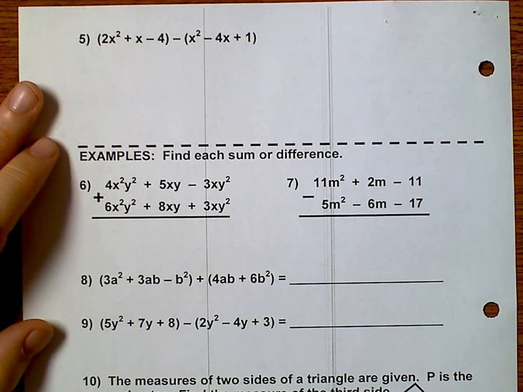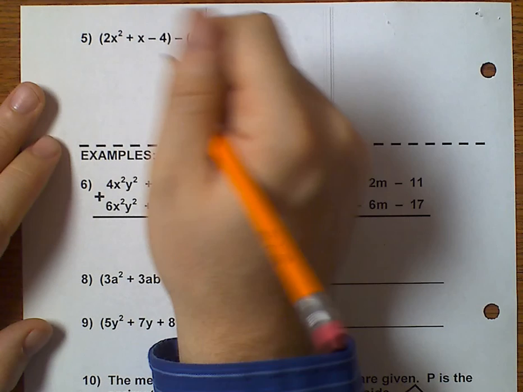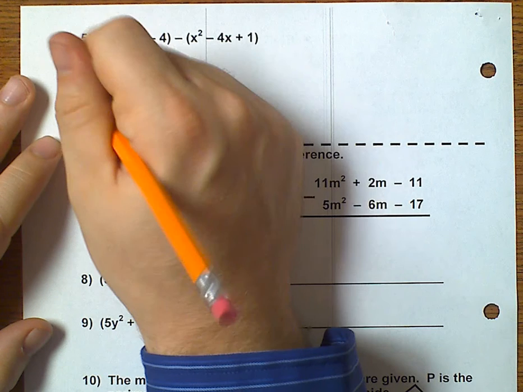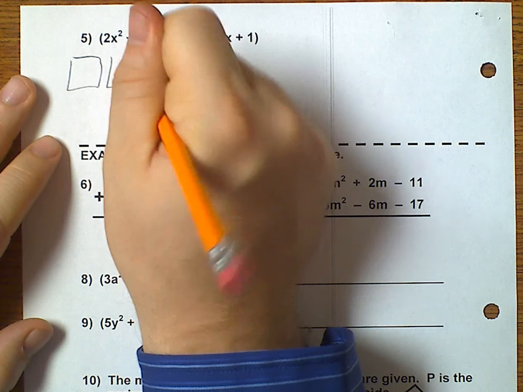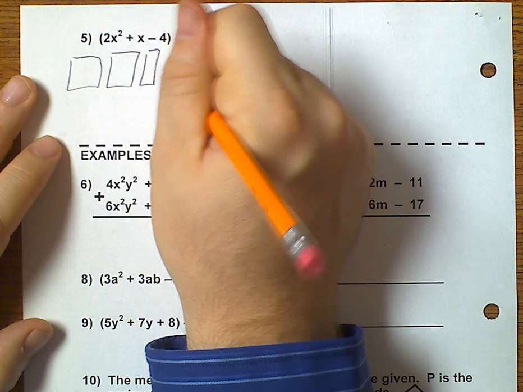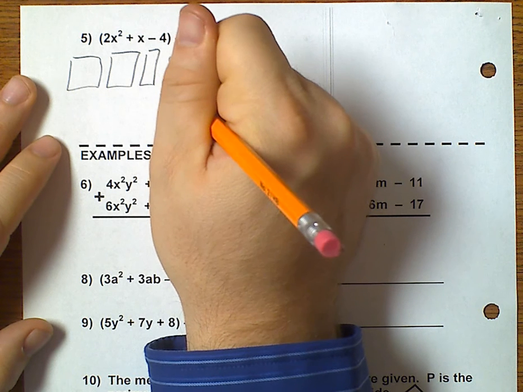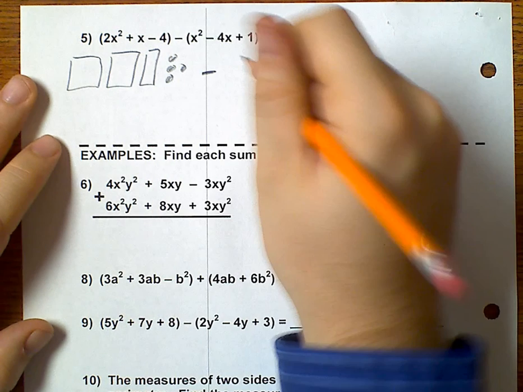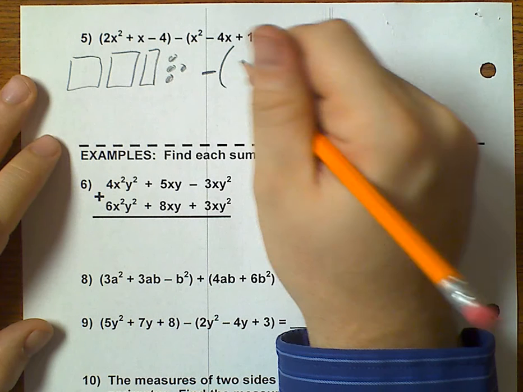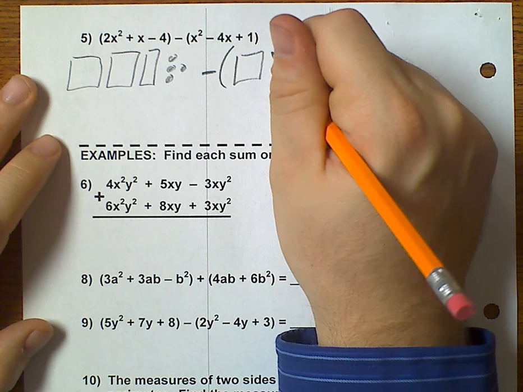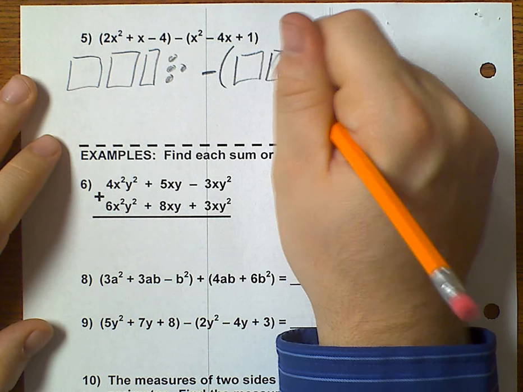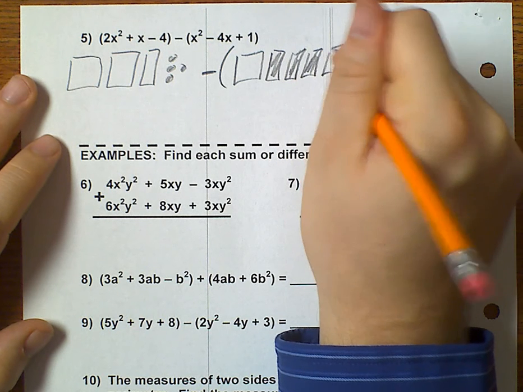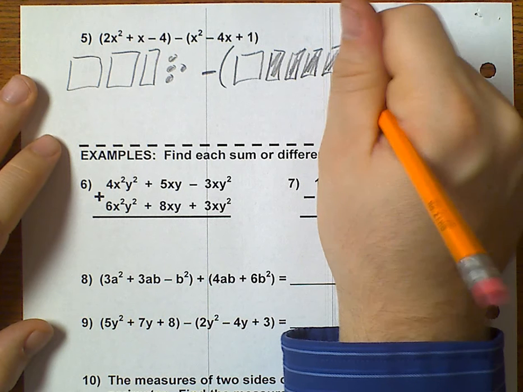And now we're going to subtract. So I'm going to go ahead and use my pictures again here. 1, 2x squared plus x minus 4 minus x squared minus 4x plus 1.